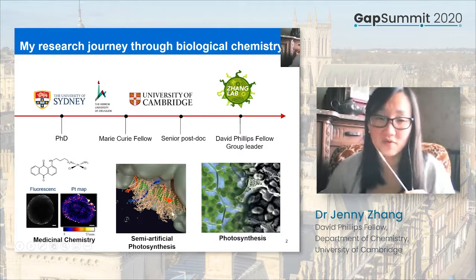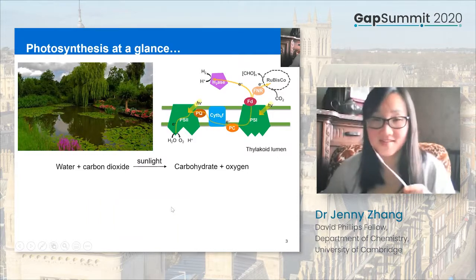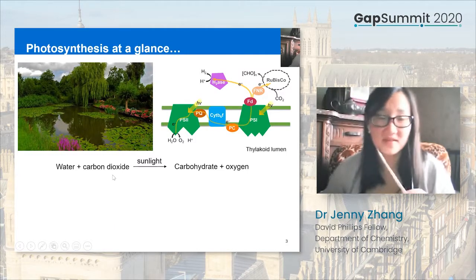It's quite a mouthful. So first I need you to appreciate just how amazing photosynthesis is in the first place. So as a chemical reaction, here we have photosynthetic organisms, and what you see is plants and also microorganisms perhaps inside the pond.